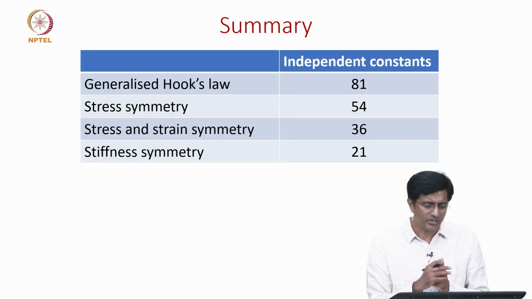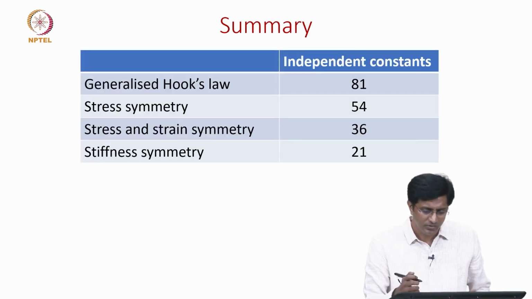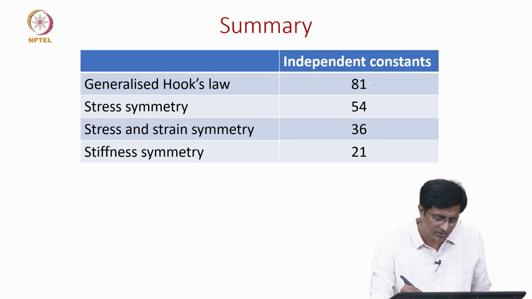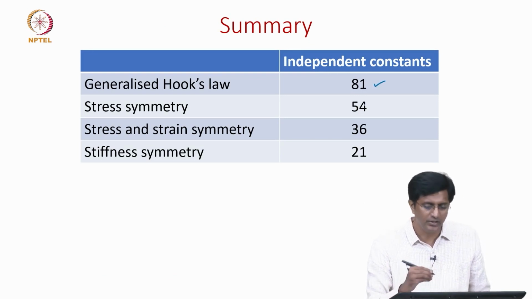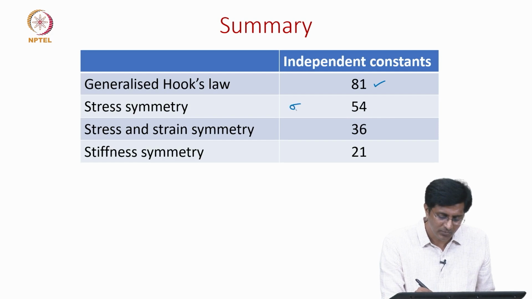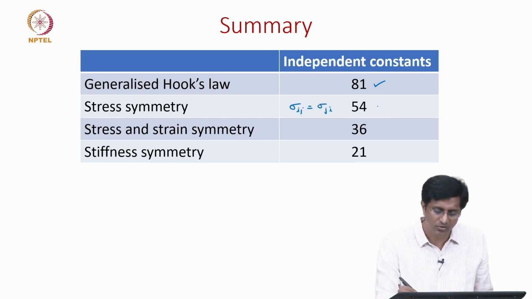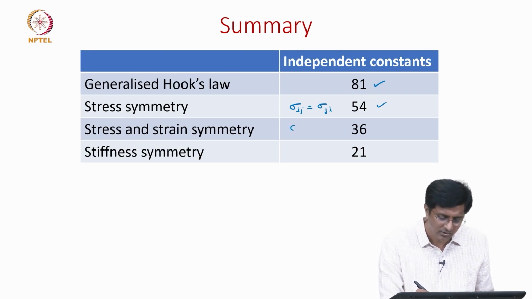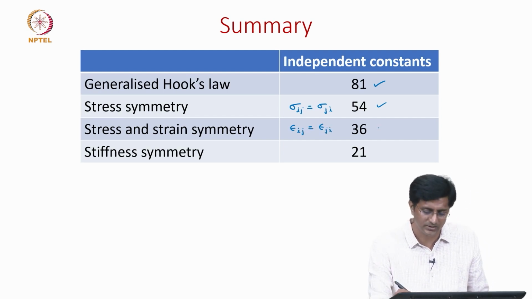So, with this, let us summarize what we discussed in this video. We started with these 81 independent constants for the generalized Hooke's law, but then because of the stress symmetry, sigma ij equals sigma ji, this got us down to 54 constants, and later the strain symmetry, epsilon ij equals epsilon ji, got us down to 36.